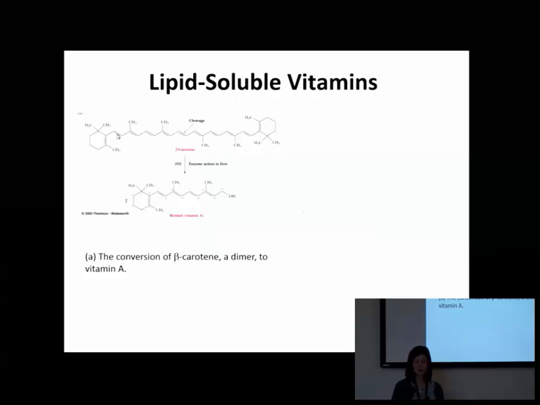Through resonance, there's actually double bond character throughout this entire structure right here. And what that means is that those pi electrons zoom around the entire structure. And when you have structures like that, that means they are easily able to absorb visible or UV energy.